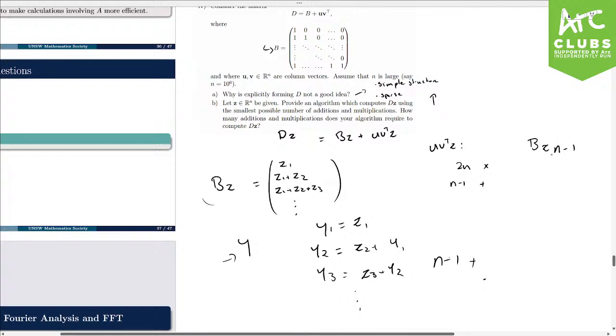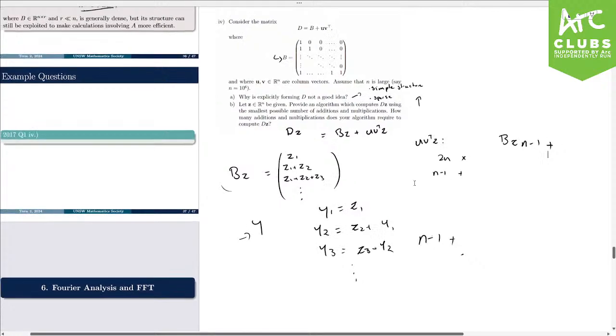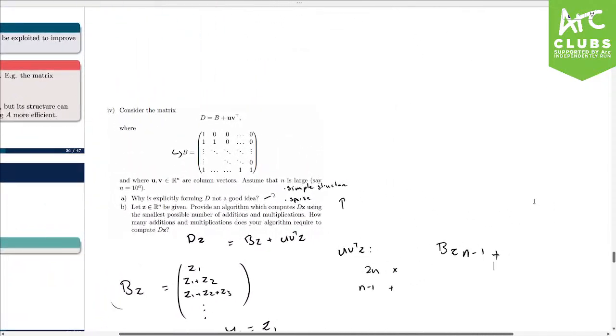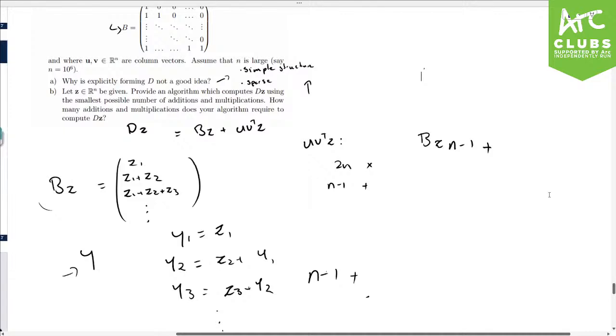Now, finally combining the two together, these will be vectors in Rn, so there will be n additions to add everything together.